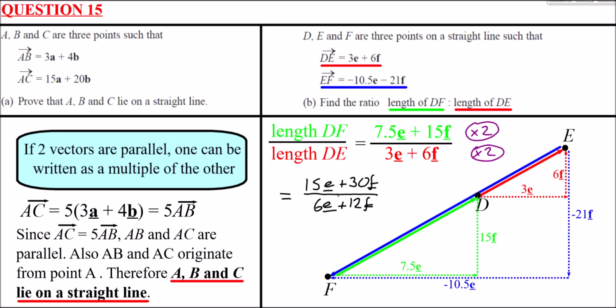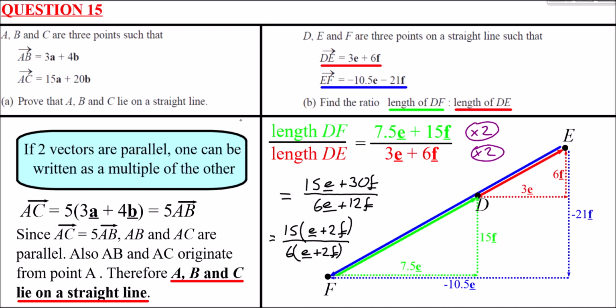Now, what we can see here is both the top and the bottom will actually factorise. So 15 and 30, we can factorise out 15. And that gives us on top e plus 2f. On the bottom, 6 and 12 are both in the 6 times table, so we can factorise out 6. So that becomes 6, and then e plus 2f.